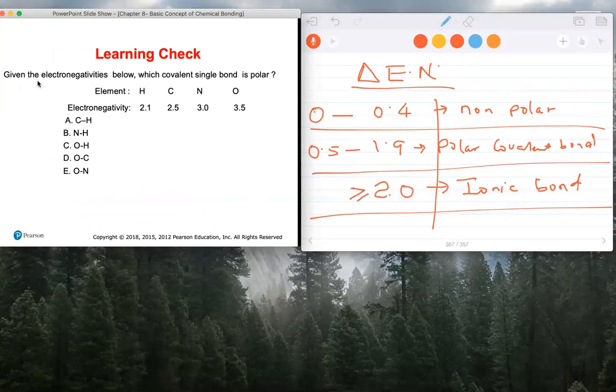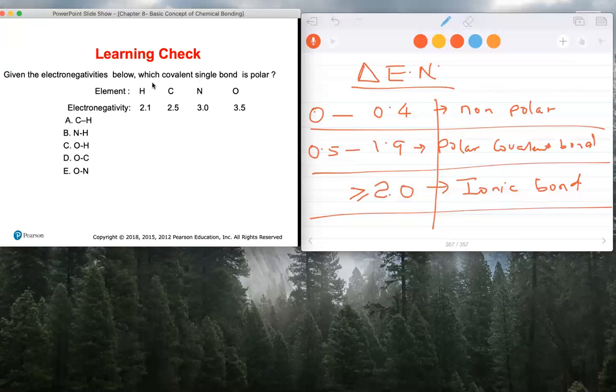Let's see: given the electronegativity values below, which covalent single bond is polar? Somebody will say, I thought all of them should be covalent bonds.